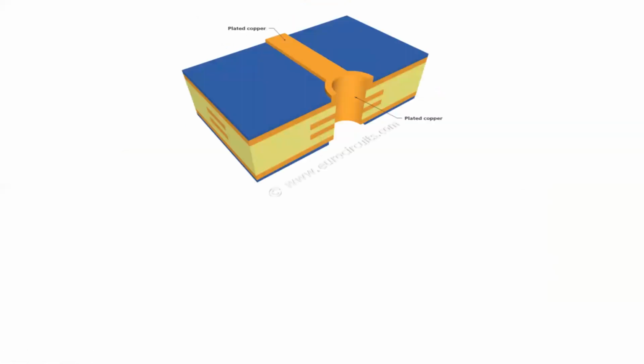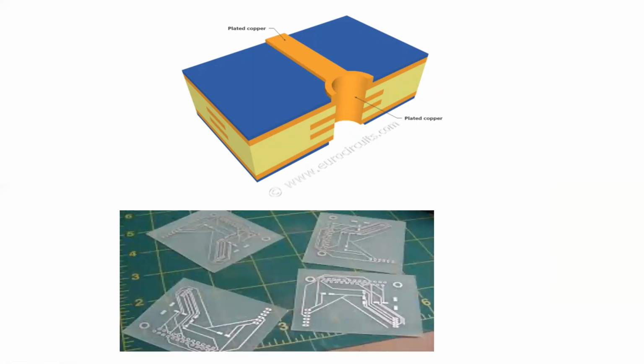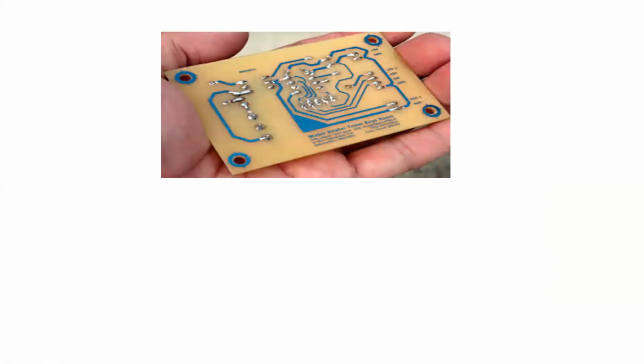See one more figure here. This is the plated copper. This is the copper, and see over here, same thing. One more PCB, you can see over here how it is plated. One more example. Now see what is meant by photoresist. We have just seen this material is known as the photoresist.